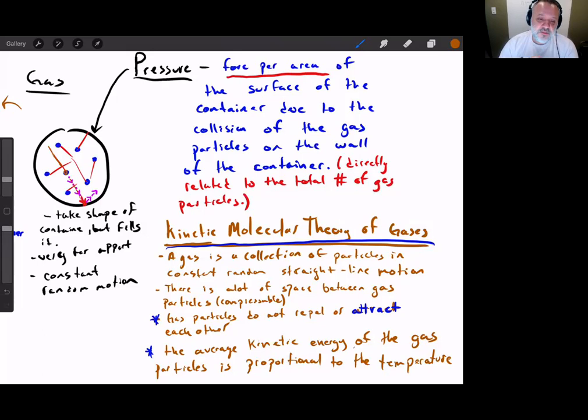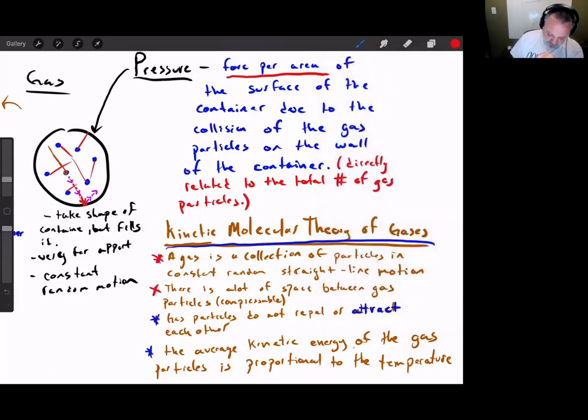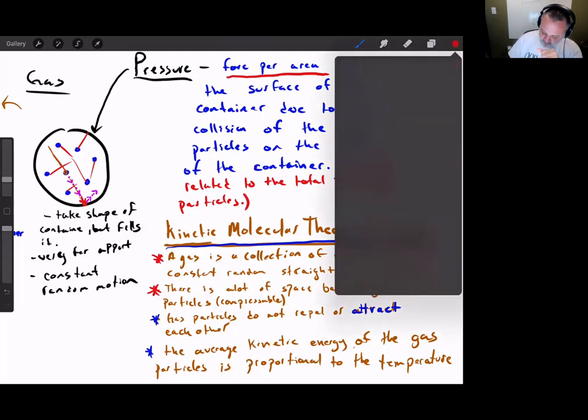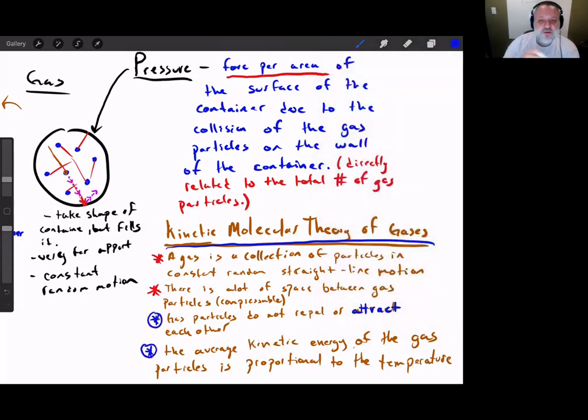That took care of this part of the kinetic molecular theory of gases. The blue stars, these two, were not shown in the picture, and you're just going to have to put them in your brain.